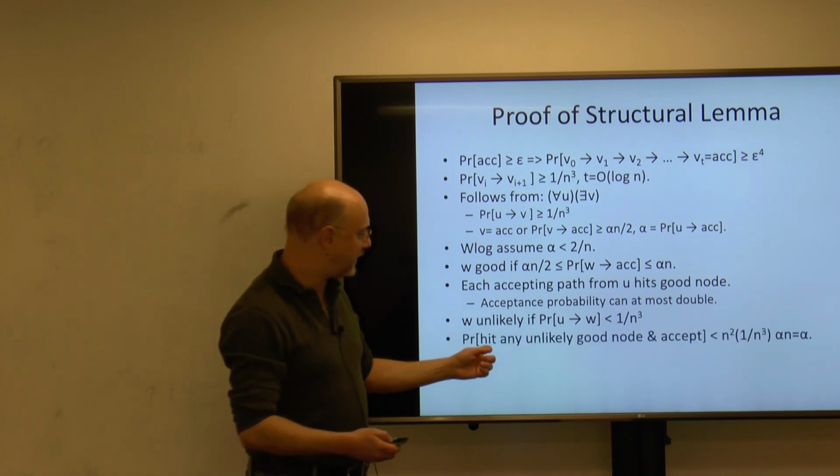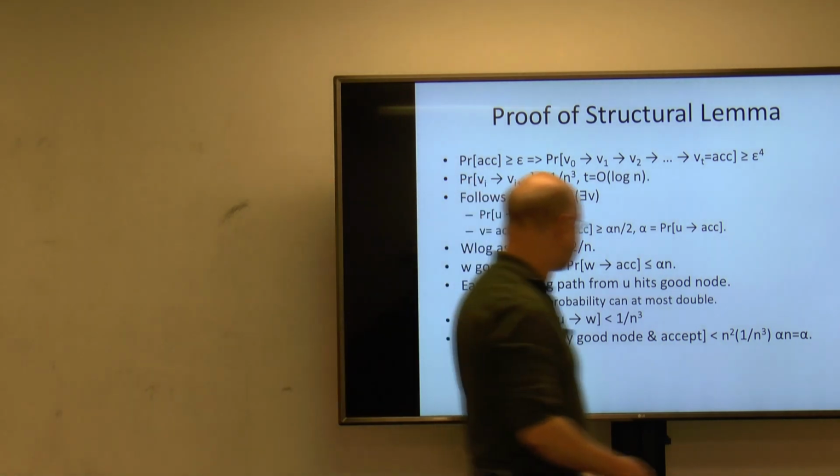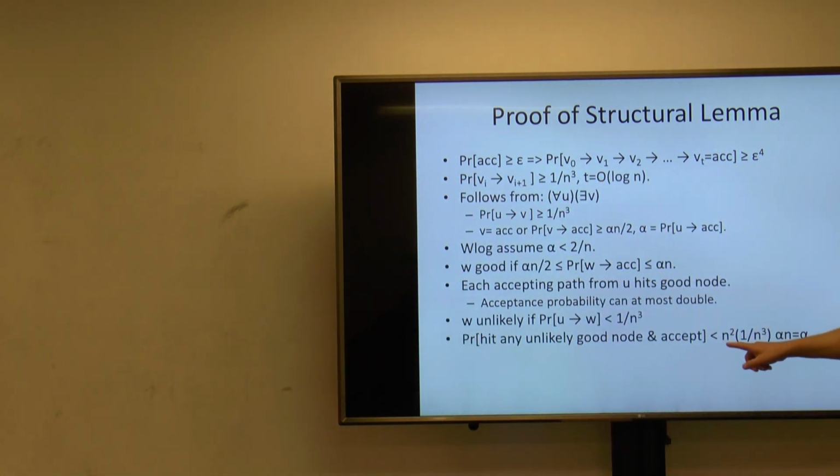So the probability that we hit any unlikely good node and accept, well, there are at most n squared nodes in our whole graph. It's unlikely if it means the probability of hitting it is strictly less than 1 over n cubed. And the probability of accepting from here is alpha n. So this gives us alpha. So notice this is why we need the upper bound here.